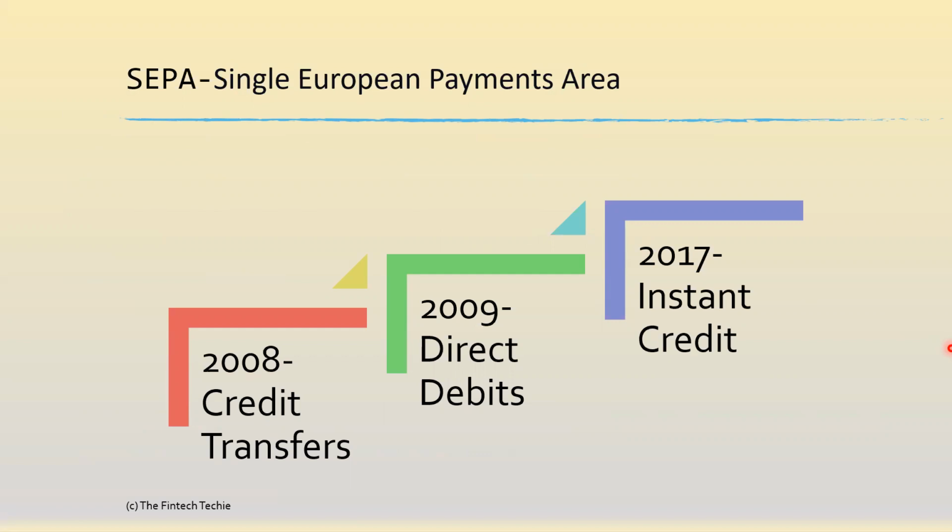However, it was only recently, in 2017, when instant credit was introduced and is now very popular in the single European payments area. We are going to look at the key differences of the credit transfer and the instant credit later on in this session.